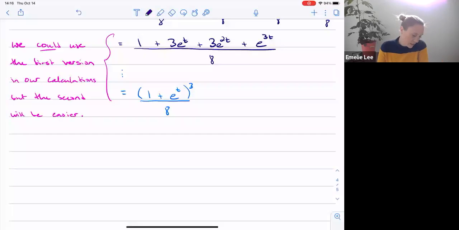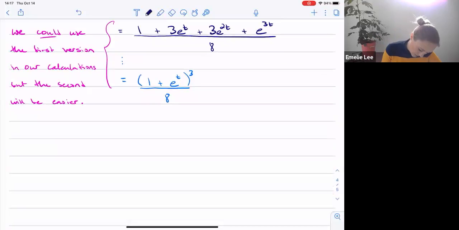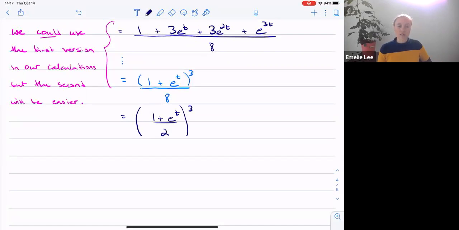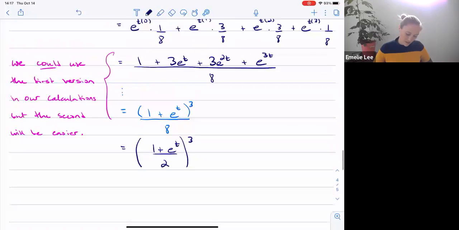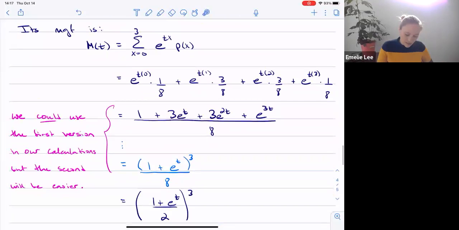Okay. So what if I rewrite this 8? I can rewrite as 2 to the power of 3 so that I have everything to the power of 3. So this becomes 1 plus e to the t over 2 to the power of 3. Right? Noticing that I pulled that exponent outside to make it even easier to deal with. Yeah. So what did we find?